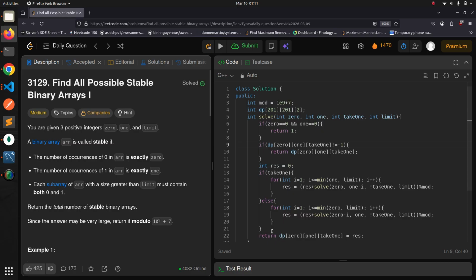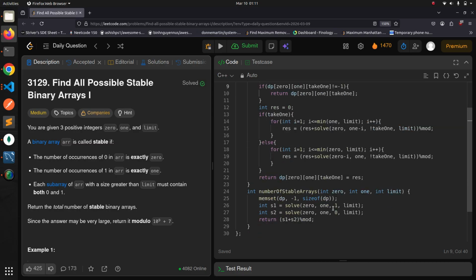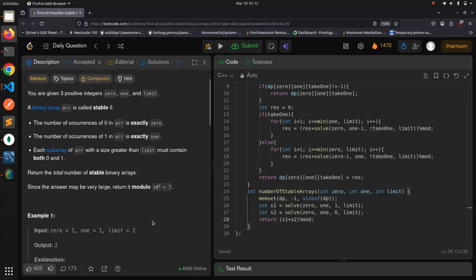So what we can do is solve this problem recursively. We will call this solve function, where initially we have zero amount of zeros and one amount of ones, and we will use this variable which will be take 1. It means that the current character is 1, so we can have the current character as 0 or 1, so we are declaring that our current string will start with 0.